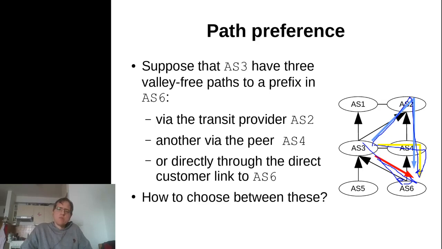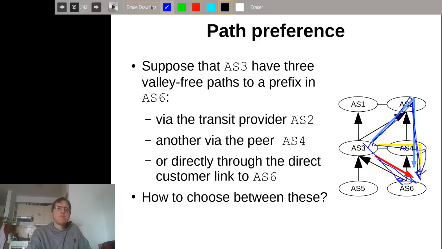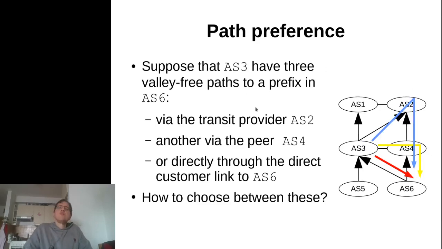As long as you don't understand why these paths all align with the economic incentives of all the ASes that they traverse, please stop a little bit here and go back to the previous slides and try to understand, because from that point we'll need the definition of the very free property to be able to further refine our discussion of routing policies.